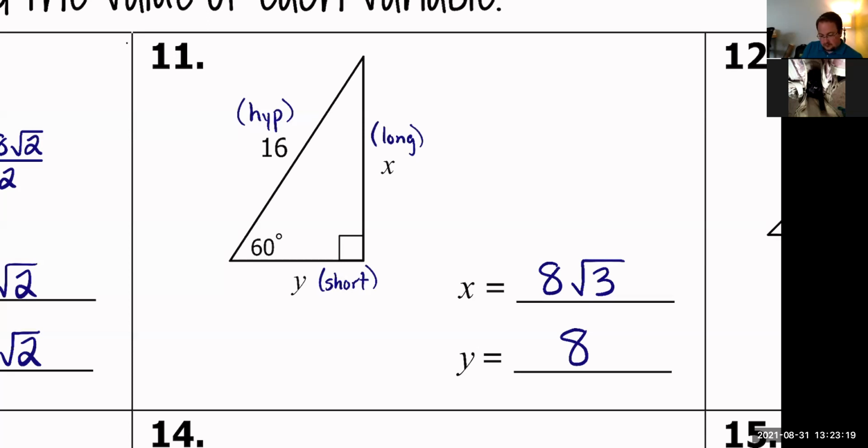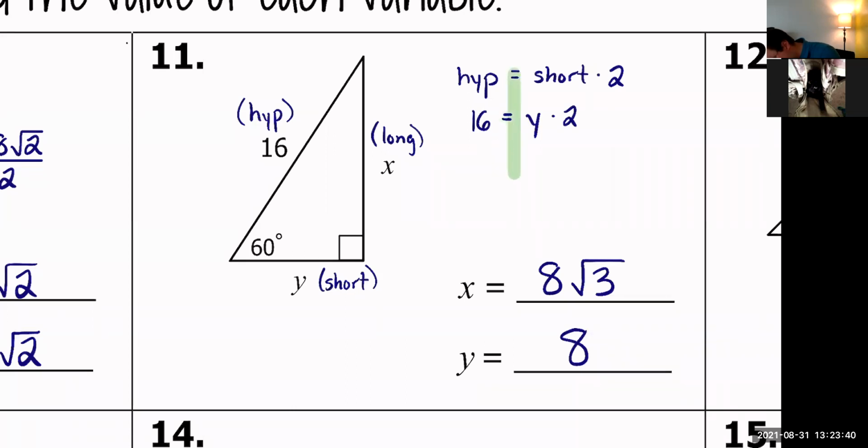Where'd you get 8 from? That's a good question. So hypotenuse equals short leg times 2. So hypotenuse is 16. Short leg is y.